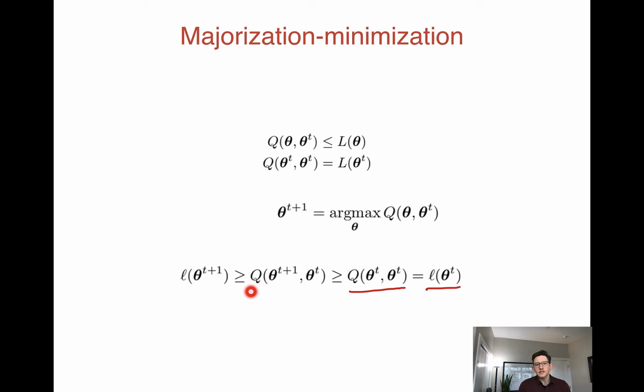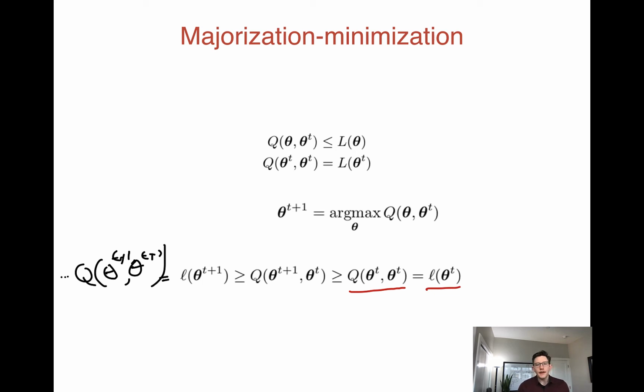So that tells us that this thing is no better than log likelihood of theta, not theta t, but theta t plus 1. And this, by the way, equals Q of theta t plus 1, theta t plus 1. Same thing we have here, and we can continue to the next iteration.